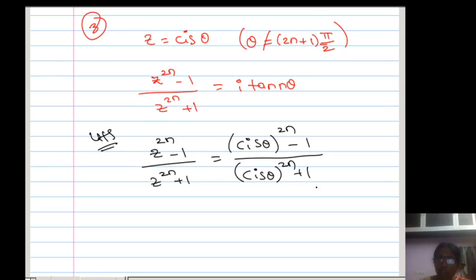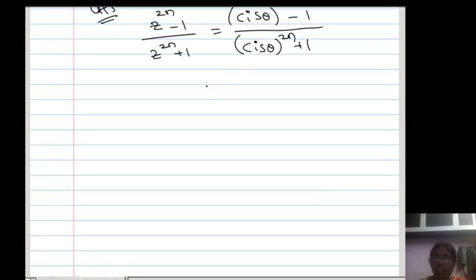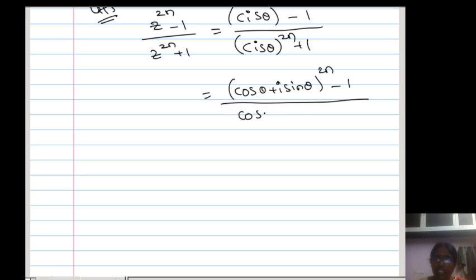So how to simplify this? What is cis theta? (Cos theta plus i sin theta) power 2n minus 1 by (cos theta plus i sin theta) whole power 2n plus 1.